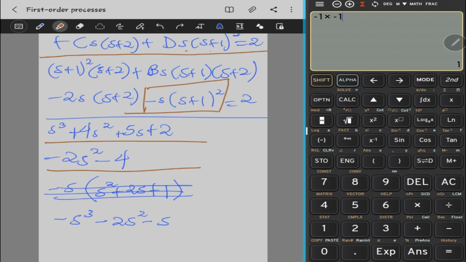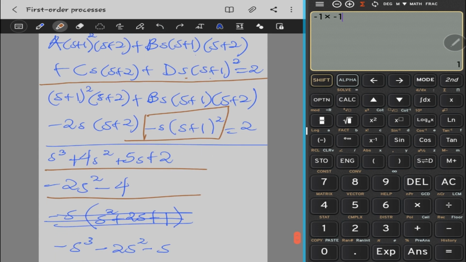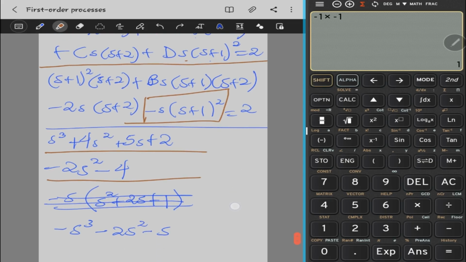Then, when we compare this, we clearly see that this is taken care of by this, where we have plus 4s squared. Plus 4s squared is taken care of by minus 4s squared.